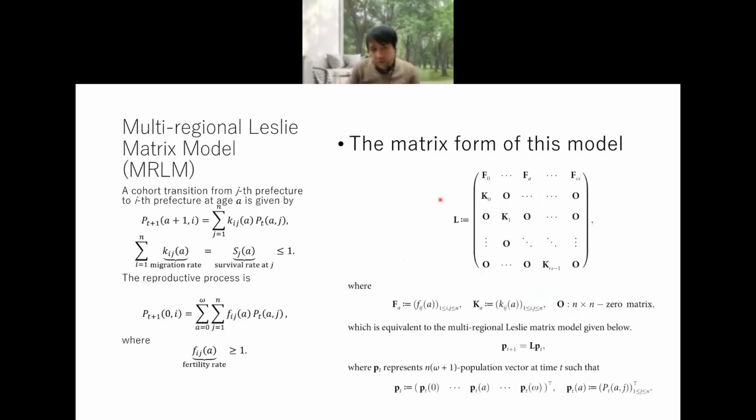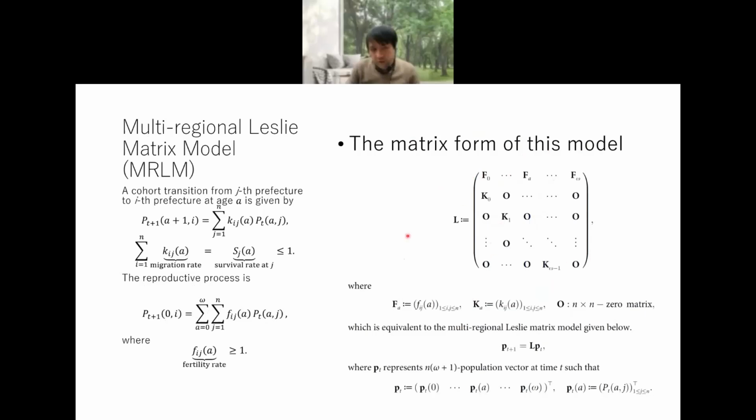So the model can be expressed in matrix form. This one is called the multi-regional Leslie matrix. It involves the inter-regional migration as people age.